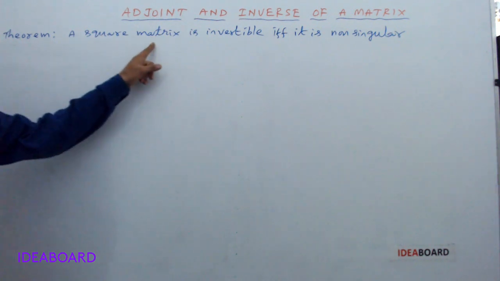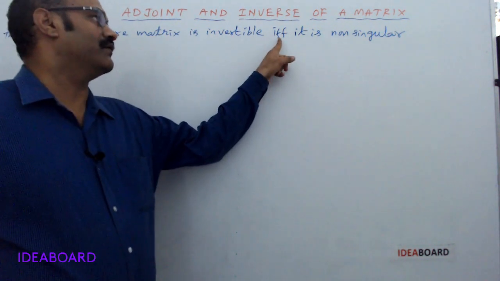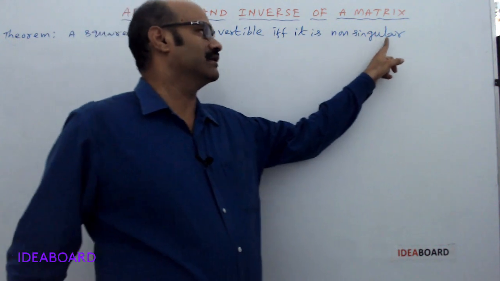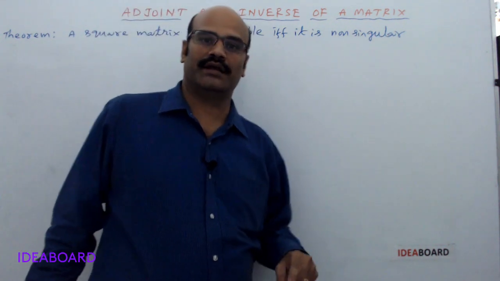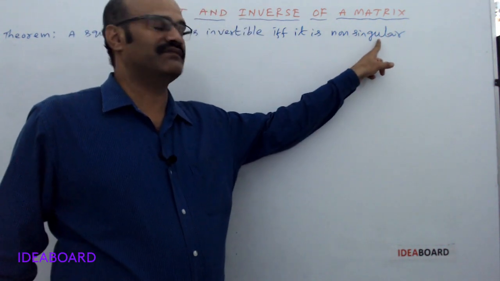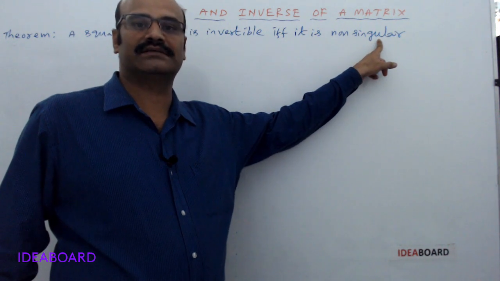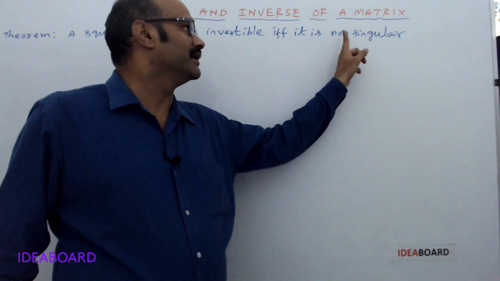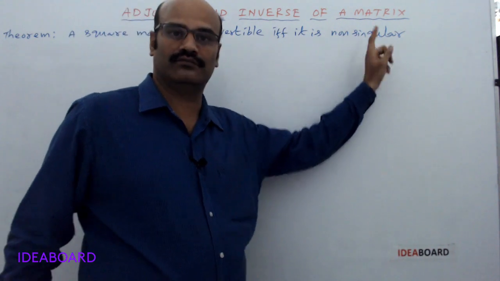Theorem: a square matrix is invertible if and only if it is non-singular. We already know a square matrix A is non-singular if det A not equal to 0.